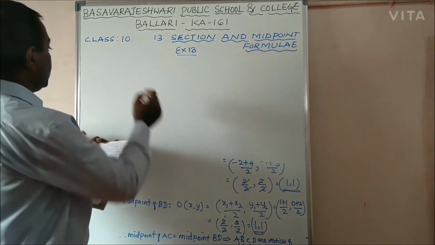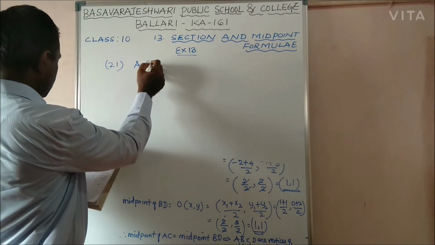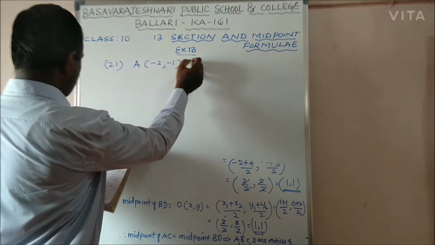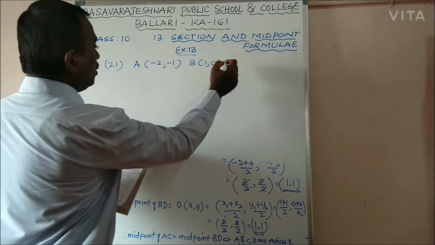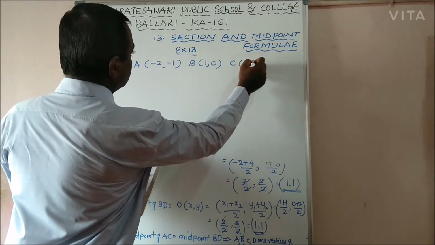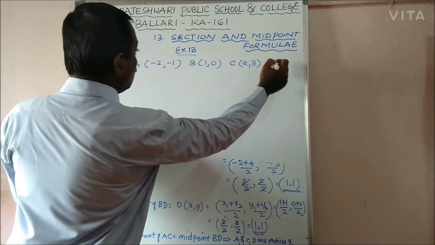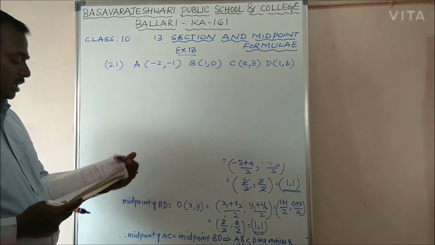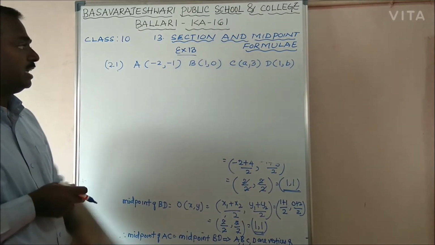They are given A(-2, -1), B(1, 0), C(a, 3), D(1, b). They are saying that it forms a parallelogram. Find the values of a and b.